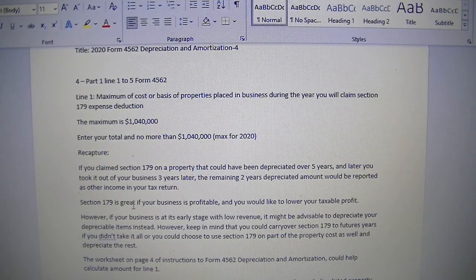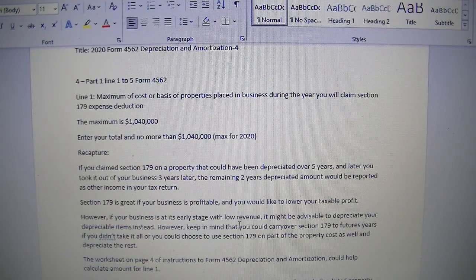So Section 179 is great if your business is profitable and you would like to lower your taxable profit. However, if your business is at an early stage with low revenue, it might be advisable to depreciate your assets instead, like using the regular depreciation system.